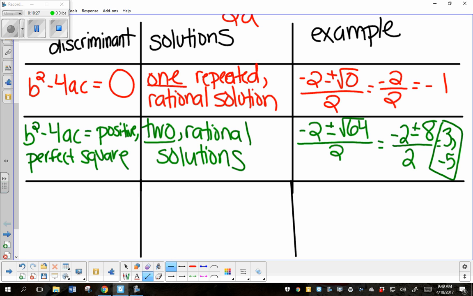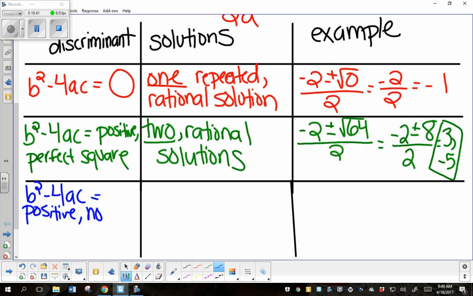All right, so our next possibility is that our discriminant, b squared minus 4ac, is positive, but it's not a perfect square. So maybe it's plus or minus the square root of 15, not a perfect square.